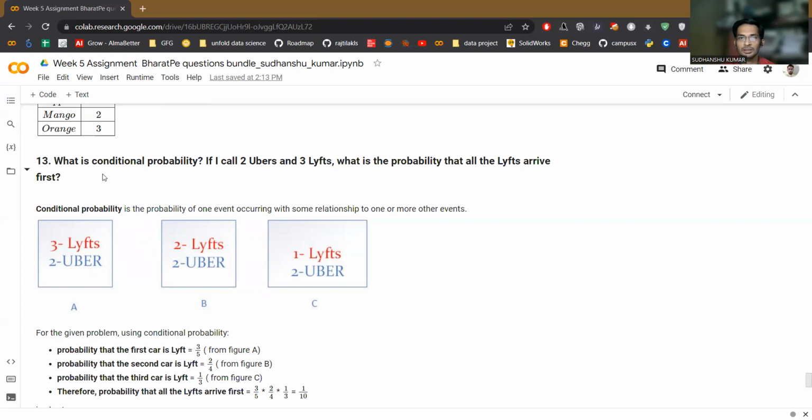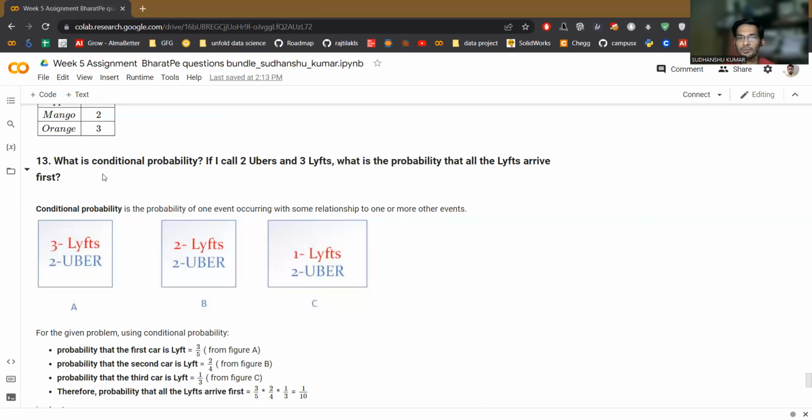When we consider the 2 Uber and 3 Lyft, our total sample space is 5. If we consider the first car to arrive is Lyft, then it is the total number of Lyft by the total sample space.